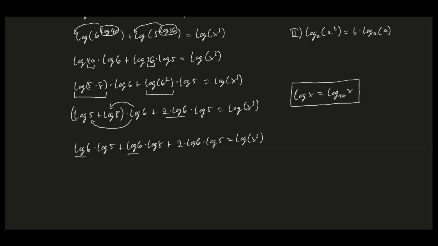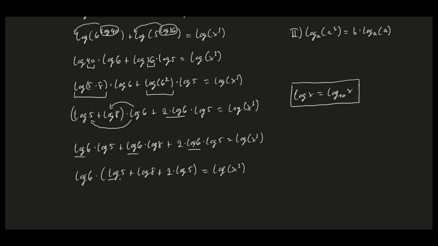Okay, now I can bring these logarithms outside the parentheses so that we get the logarithm of 6 times the logarithm of 5 plus the logarithm of 8 plus 2 times the logarithm of 5 is equal to the logarithm of x raised to the power of 3.